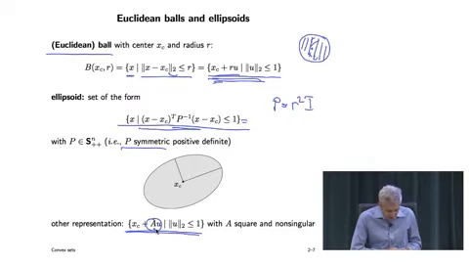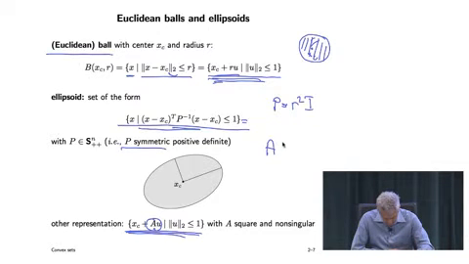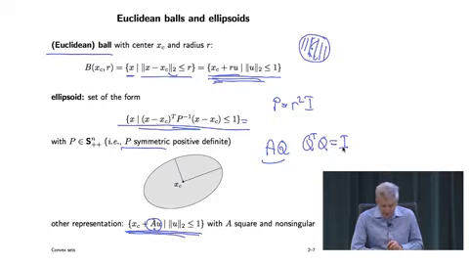Here, the A in this representation is not unique. There's multiple A's here that would give you the same set. In particular, if I take A and I multiply it on the right by Q, where Q is an orthogonal matrix, so Q is square and satisfies that, then for sure AQ can be substituted for A here and you get the same set.